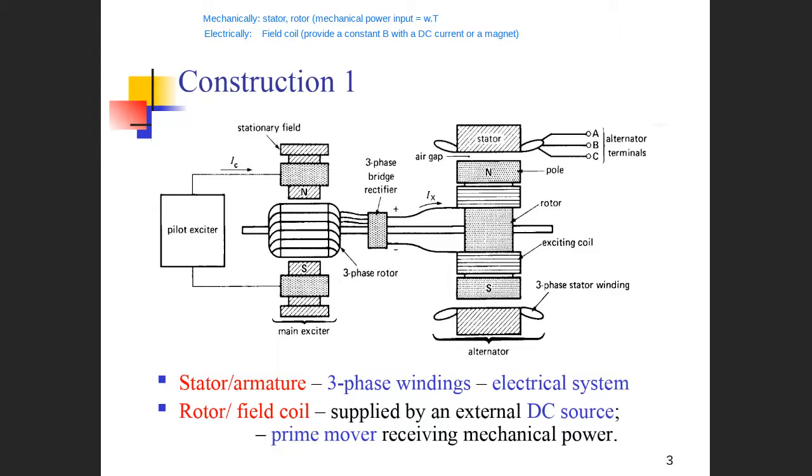The electricity, of course, is the voltage and currents. If it is a three-phase one, of course, the line voltage will be root 3 times the phase voltage.